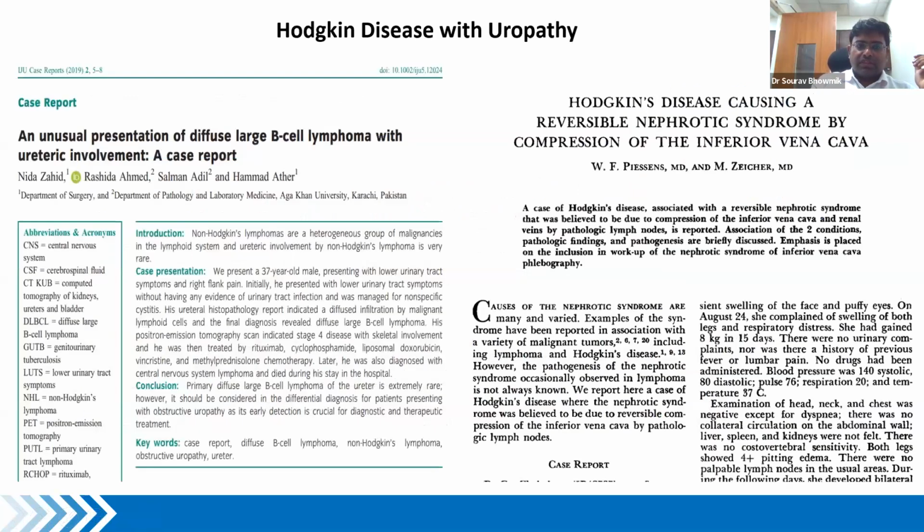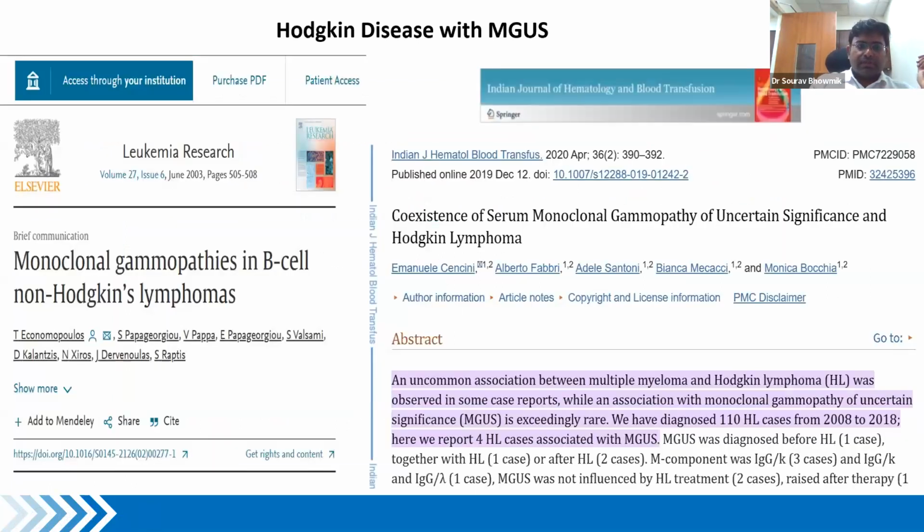The association of Hodgkin with urological symptoms is also very rare, and these are mostly obstructive symptoms due to obstruction of the urinary tract by large retroperitoneal nodes. The association of Hodgkin with gammopathies is also very rare, and most gammopathy with lymphoma is with lymphoplasmacytic lymphomas.